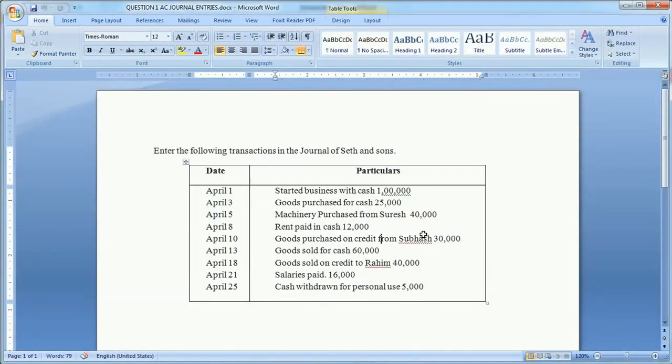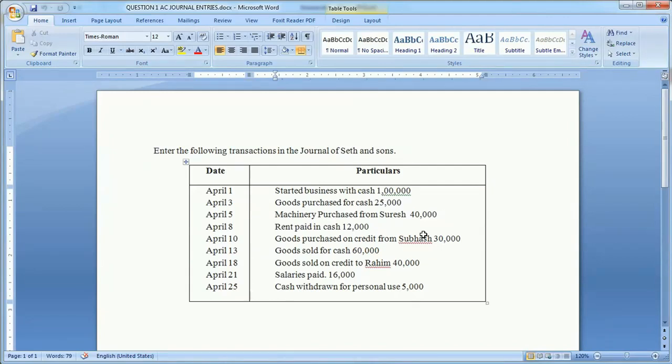Third is 5th April, machinery purchased from Suresh. Again, here we are purchasing something, but we are not purchasing goods, so we won't term it as purchases. We are purchasing machinery. Machinery is a real account, it is an asset. And the second account is that we are purchasing the machinery from Mr. Suresh.